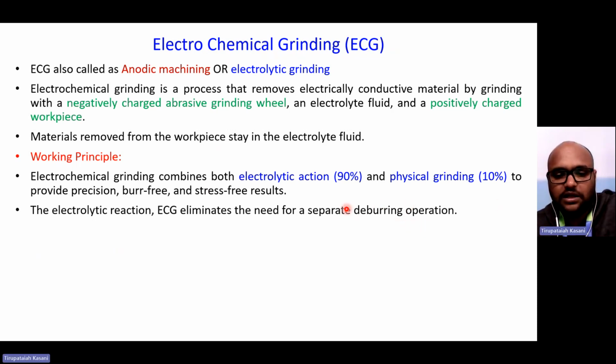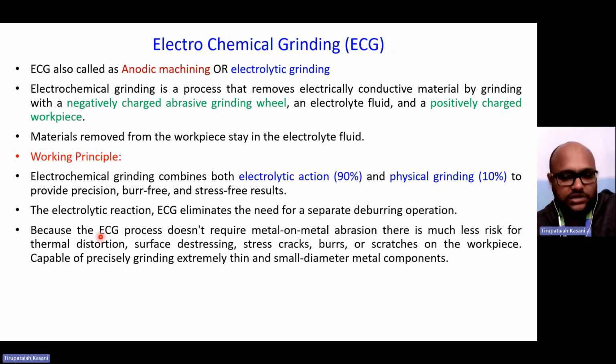No separate deburring operation is required after ECG, because the ECG process doesn't require metal on metal abrasion. There is much less risk for thermal distortion, that is well known, and surface stressing, stress cracks, burrs, or scratches on the workpiece. It is capable of precisely grinding extremely thin and small diameter metal components.